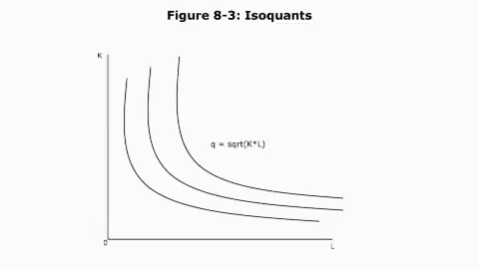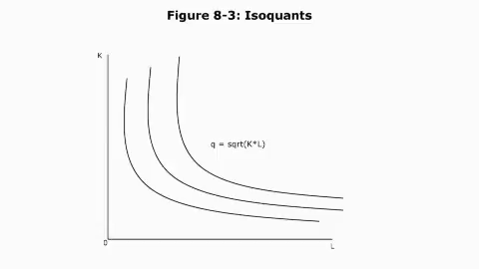Just as there were sets of goods across which you were indifferent, 2 pizzas and one movie versus 1 pizza and 2 movies, isoquants are sets of inputs along which production is the same. So along a given isoquant, Q is fixed. Each of those isoquants is a different level of Q. But they show how you can vary K and L to get the same amount of Q.